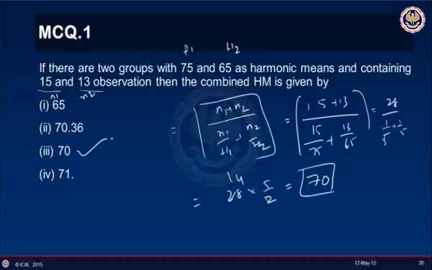So 70 is the harmonic mean for this data. That is, 15 5s are 75, 13 5s are 65, 1 by 5 plus 1 by 5 is 2 by 5, and taking the reciprocal, 2 14s are 28, 14 5s are 70. 70 is the harmonic mean for this data.